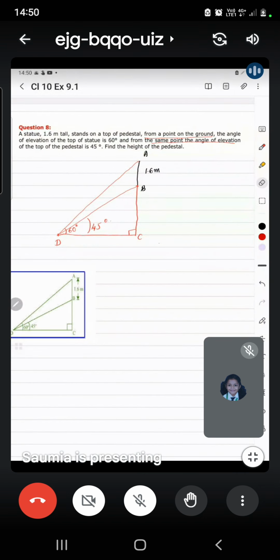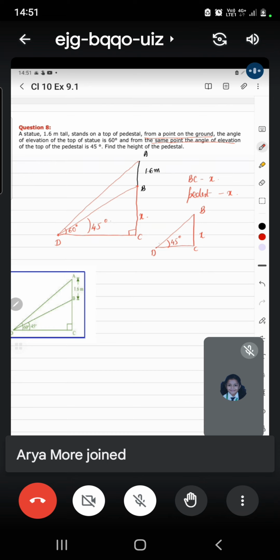So what we'll do is we'll call this x. Let's call BC, the height of the pedestal, x. Okay. So if BC is x, look at my triangle DBC, the inner triangle. Now I know one side, though it's a variable, I know it at least, right?